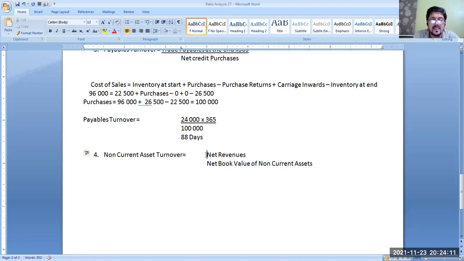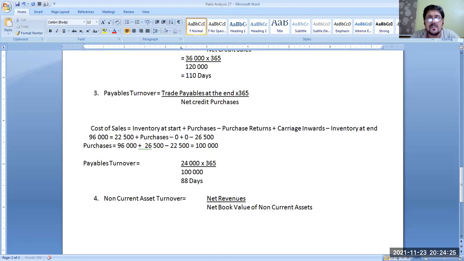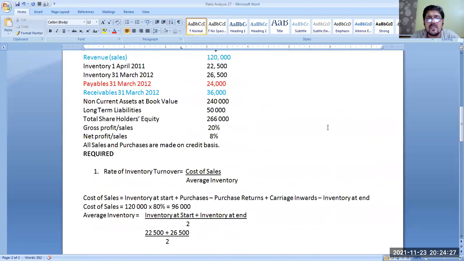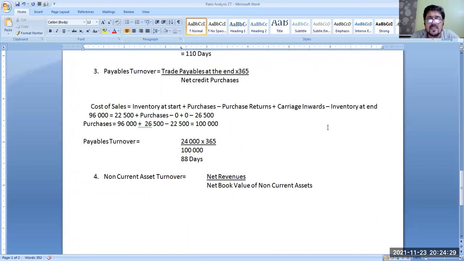Got it? So net revenues means sales minus sales returns. We do not have sales return in this question. So total revenue is your net revenue also, $120,000.